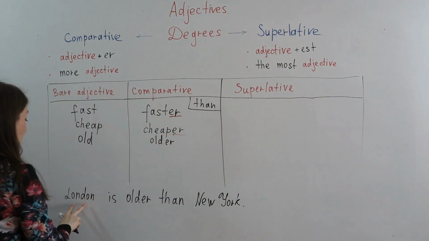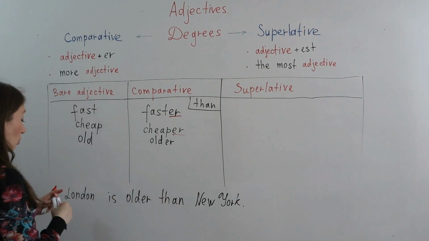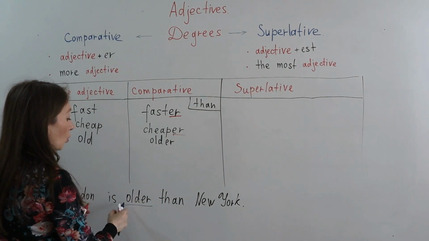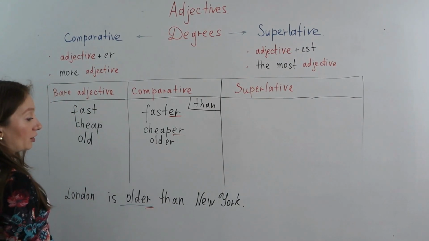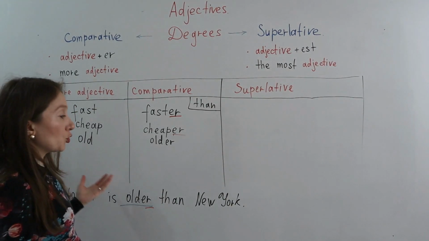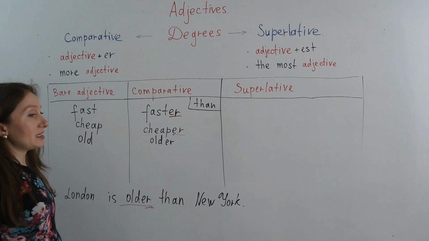So there is a comparison between London and New York. So London is older than New York. Again, the same rule. Even if it's short, you add ER, right?